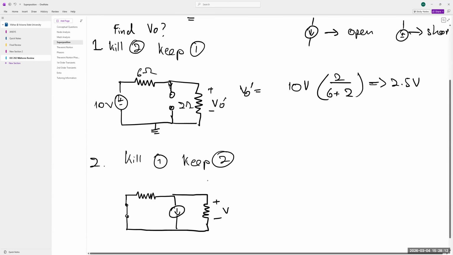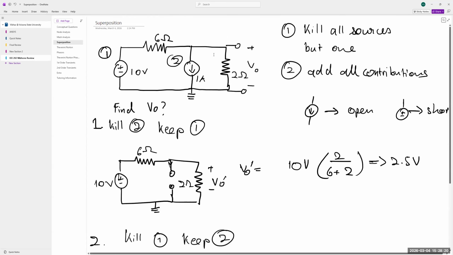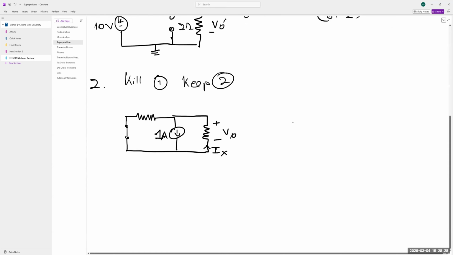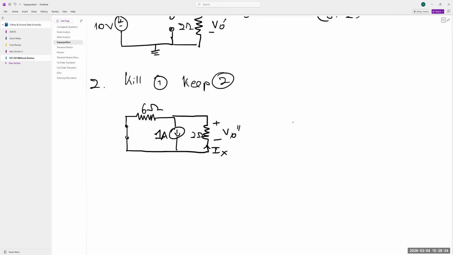And here is VO. So this is a 1 amp current source. If you look at the question again, it was 1 amp pointing downwards. We got rid of this guy over here. So let's call this VO double dash because it's not the same thing as VO. This is 6 ohms. Here's 2 ohms.